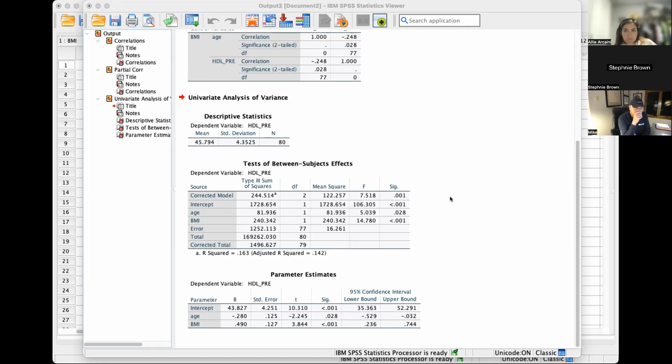Okay, so there we got our estimated regression equation. If I take a person at random, or you could fill in your own age and BMI in here, you get a predicted value for your HDL baseline if you were in this study.